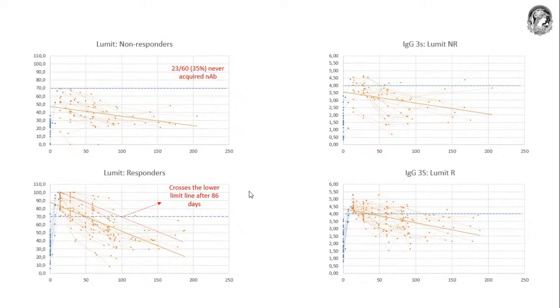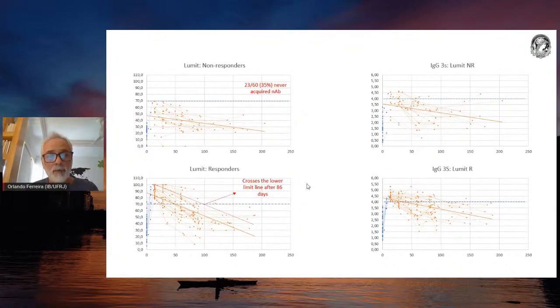In other words, if you immunize with CoronaVac and you wait until you get the second dose, and you wait until you get your top level of neutralizing antibody, then 3 months later, you're no longer protected.